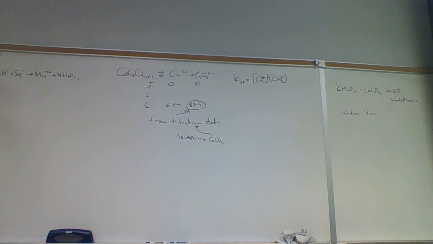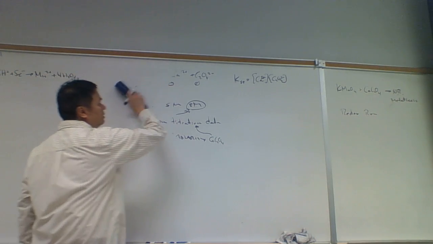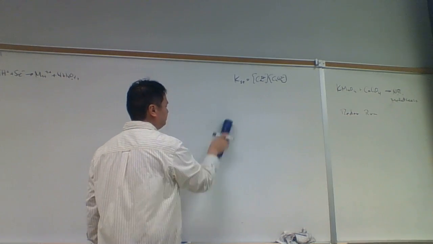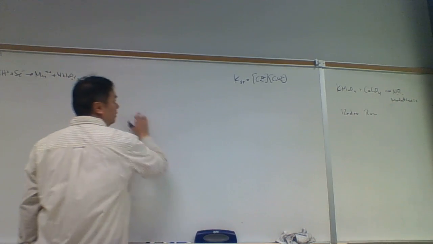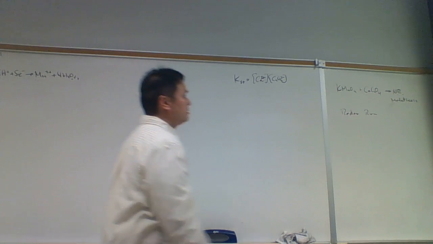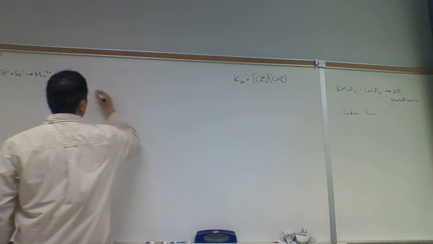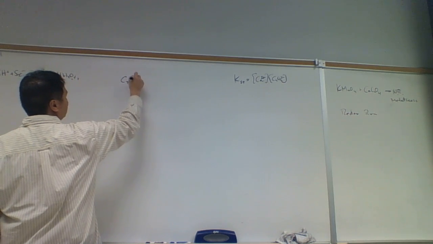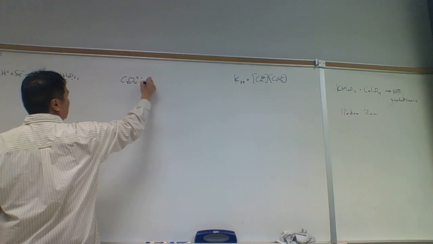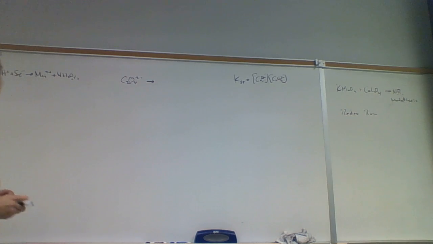So what's our reducing agent? If that's our oxidizing agent, then our reducing agent's oxalate. The calcium ions and the potassium ions are going to be spectators. We don't really have to put those in there. So let's just go ahead with the oxalate. The oxalate, when it's oxidized, what does it form?